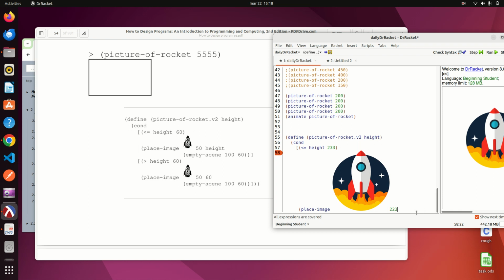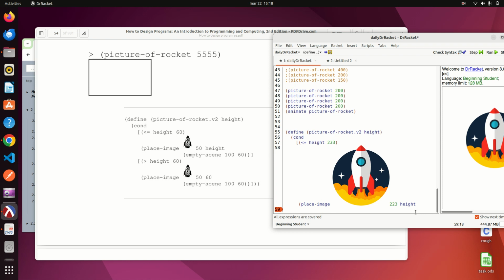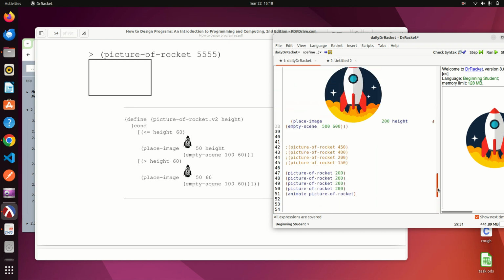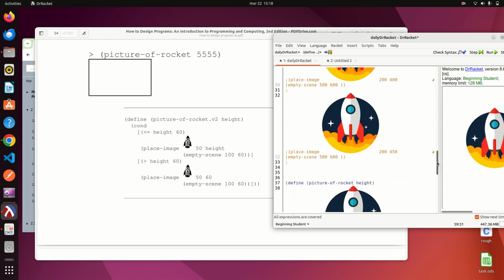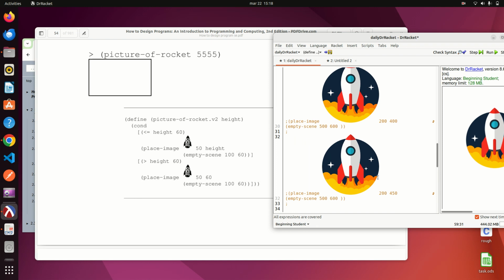Place image. Height and empty scene. It was 500 and 600.